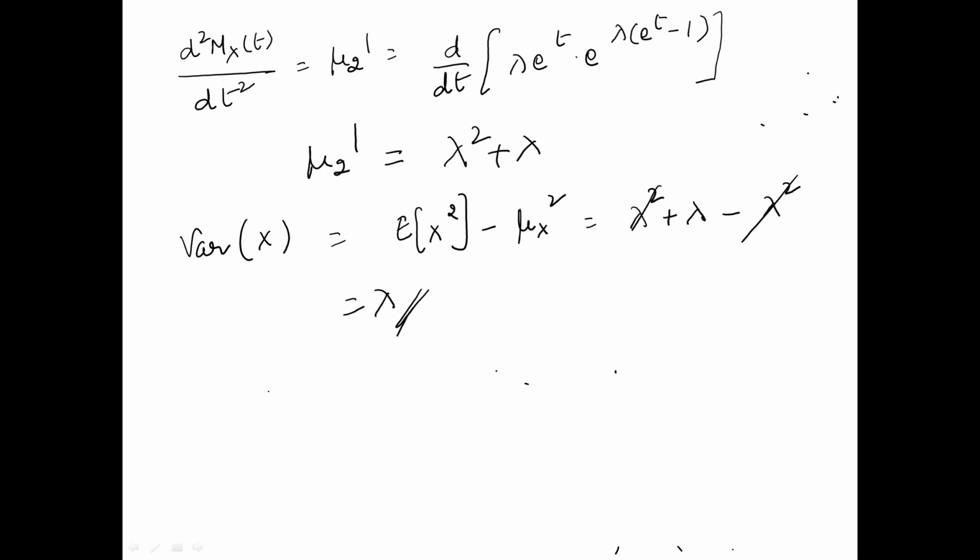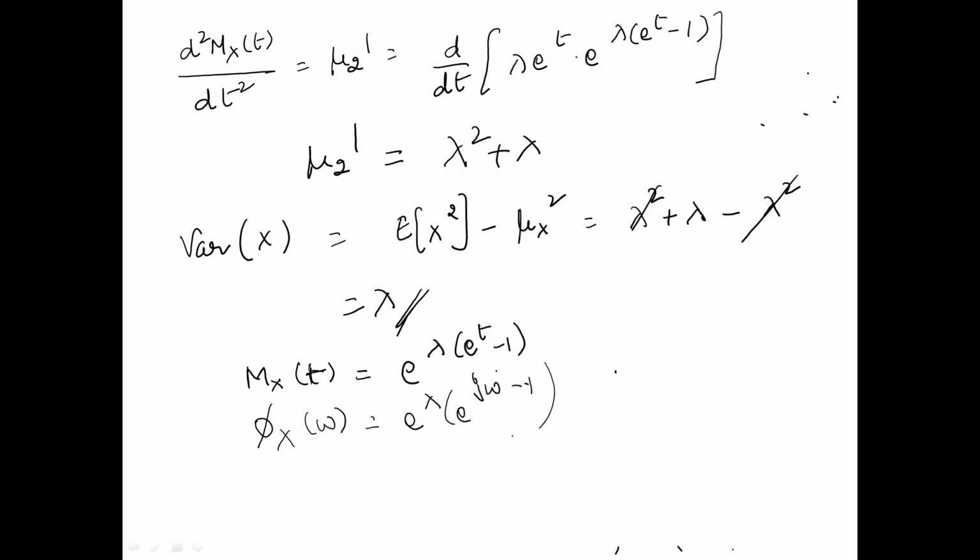So consolidating everything into one place, when we talk about the moment generating function M x of t, where x is a random variable which adheres to Poisson distribution, the moment generating function is e power lambda times e power t minus 1. The characteristic function is e power lambda times e power j omega minus 1, right?